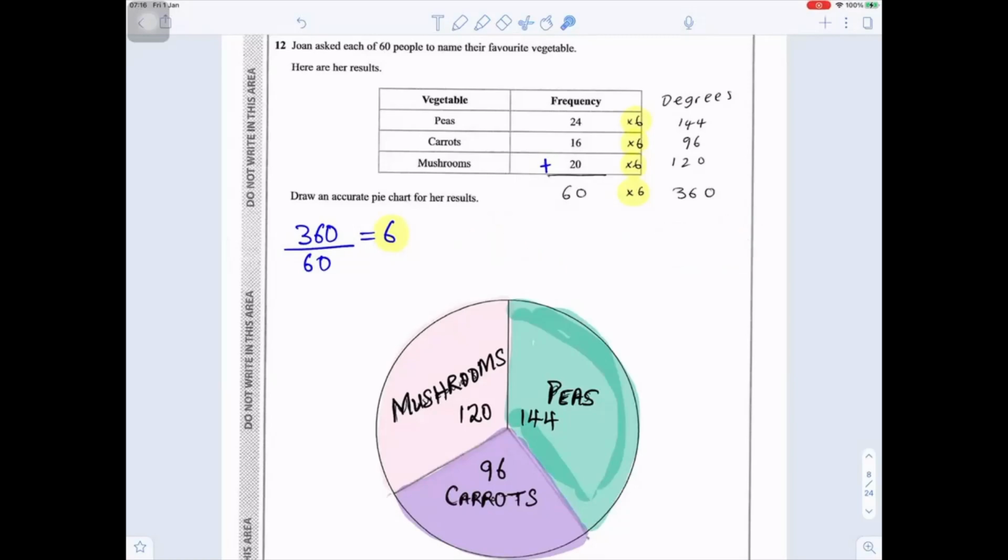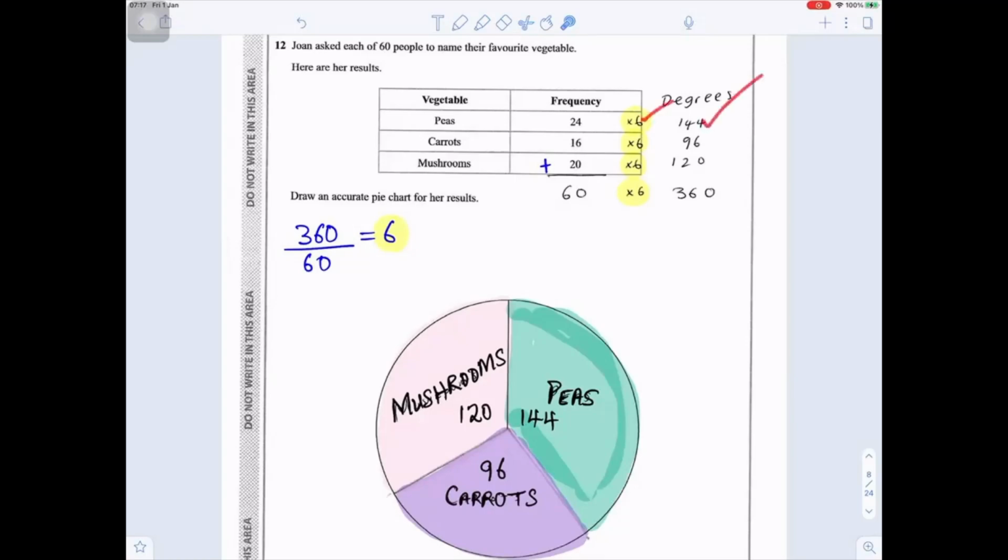So we want to share 360 degrees among 60 people to find out what 1 is. 360 divided by 60 gives you 6. So this 6 degrees is for 1. When you want to get 24, you do times 6. If you want to get it for 16, you times 6. For 20, you times 6. So you find it for 1, and then you times it by 6.